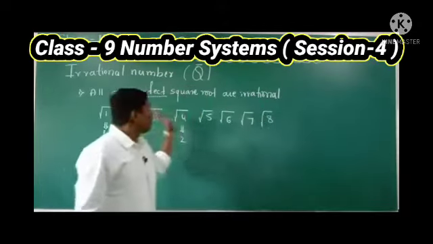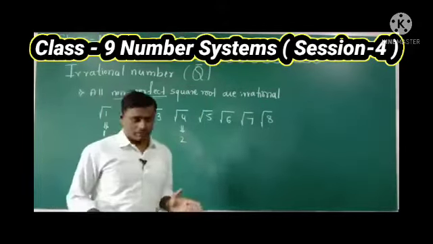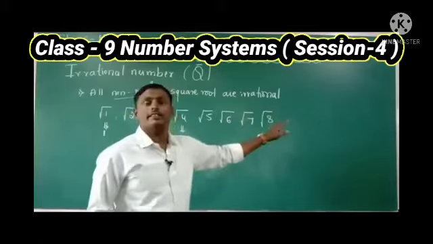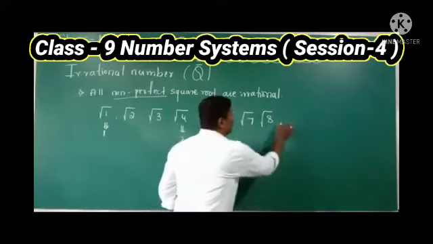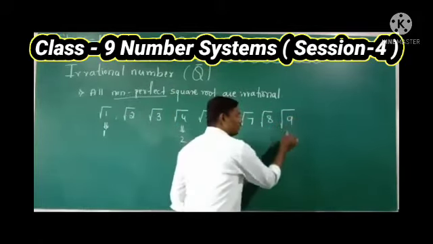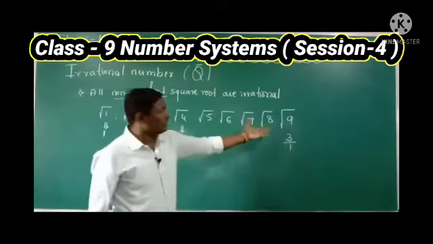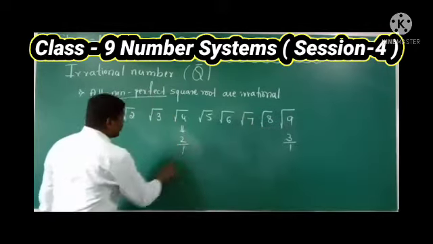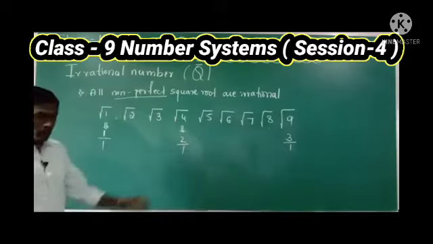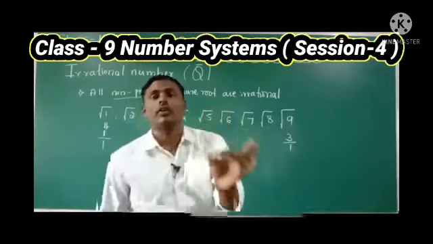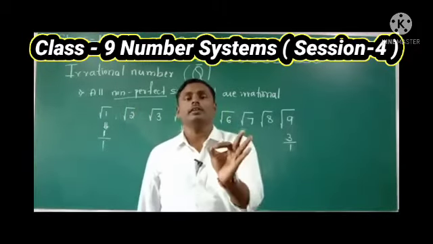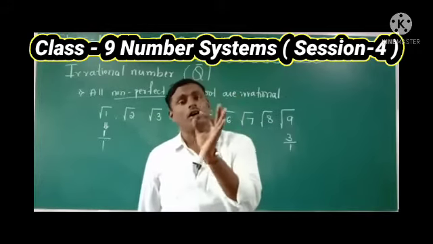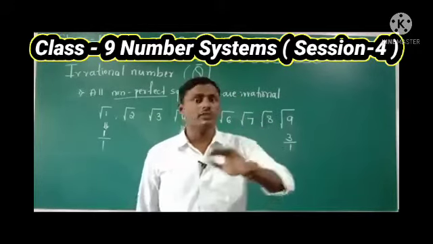Okay, all non-perfect squares. Root 9 is a rational number, because what is the value of root 9? 3. 3 can be represented in the form of a rational number: 3 by 1, 2 by 1, 1 by 1. So all the perfect squares are rational numbers.